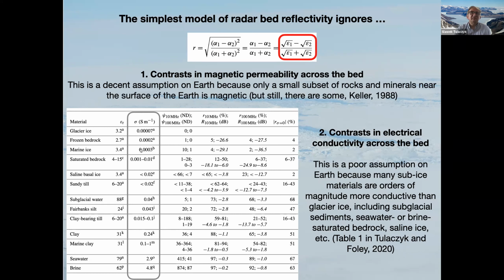This is a table 1 listing values of electrical conductivity from literature and permittivity, and then going through the question of what it means for reflection coefficient at different frequencies, because when you use this equation for reflection coefficient, then conveniently, there is no frequency dependence of the reflection strength. But as soon as you keep either magnetic permeability or electrical conductivity, then you will have dependence of the reflection coefficient on frequency.